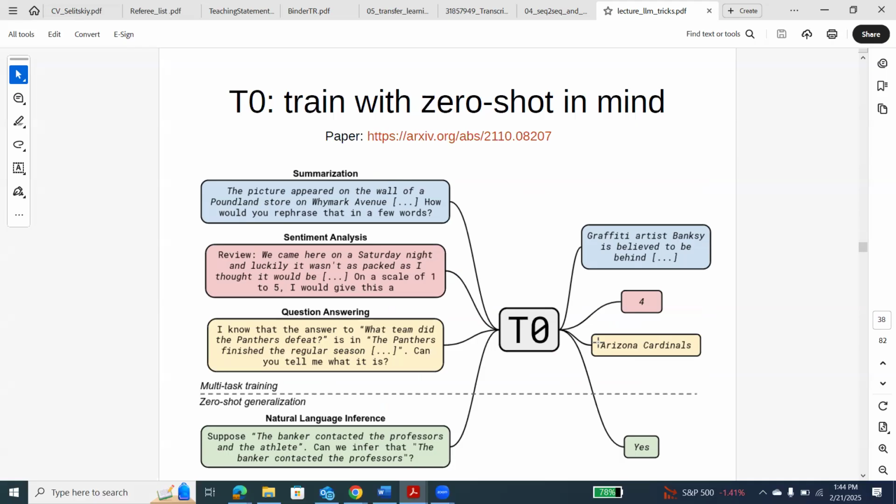There is also model T0. People try to train the same model on different NLP tasks sequentially. So first they train, for example, on text summarization. After fine-tuning on text summarization, they train the same fine-tuned model on sentiment analysis. Then they use this model fine-tuned on two previous tasks on the third one.